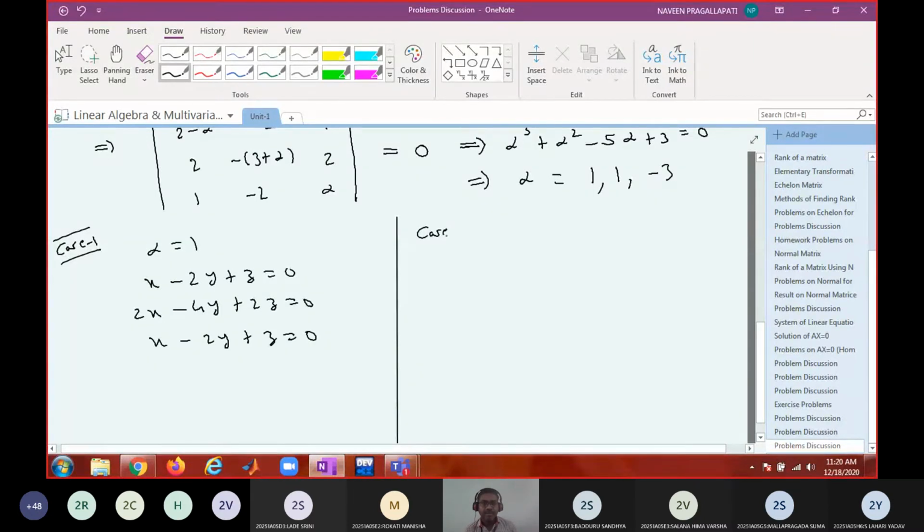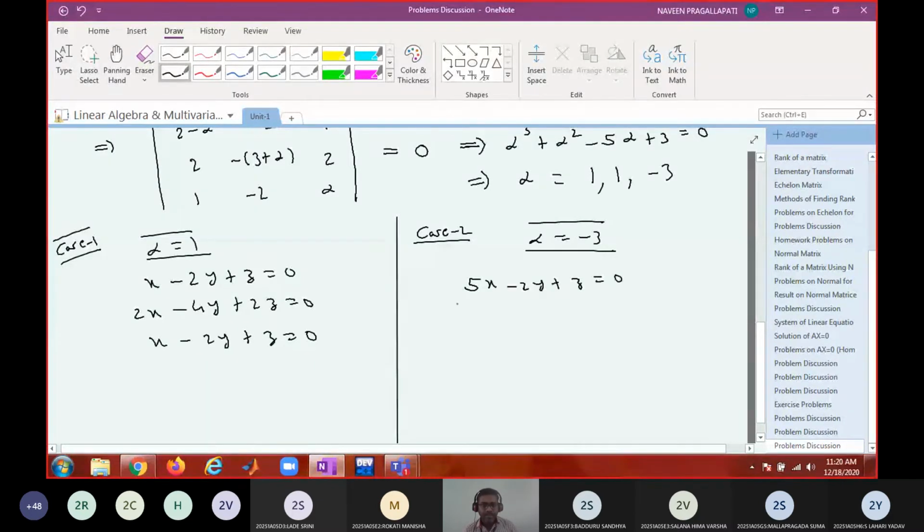What is case 2? Alpha equal to minus 3. By substituting alpha equal to minus 3, what do you get? 5x minus 2y plus z equal to 0.